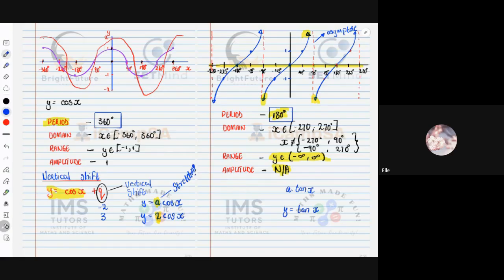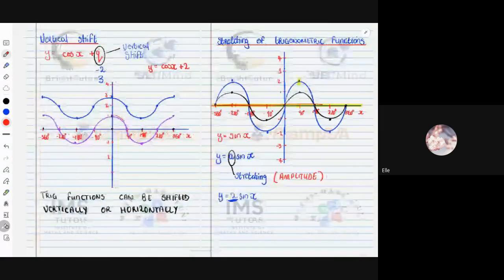But now if we introduce the value of a, it's gonna stretch this function. Let's say we introduce a value of 3, so 3 tan 45 is no longer at 1, but it's gonna be at 3. By introducing that value, that is our stretch. The tangent function will be stretched by this value. It's not necessarily an amplitude, but a value which stretches our tangent function.